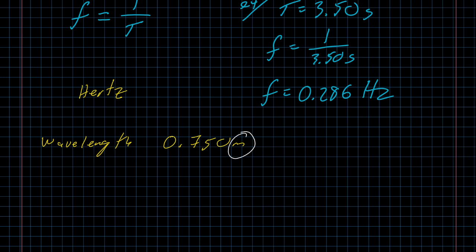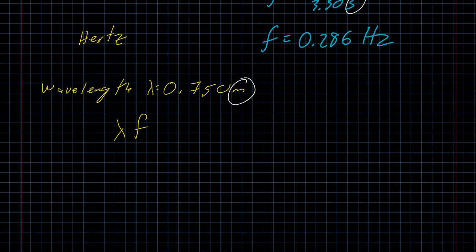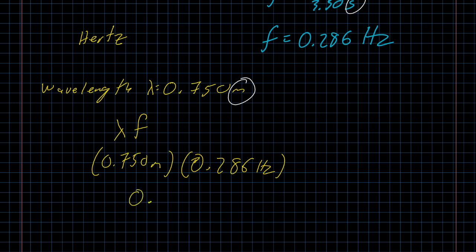My wavelength has units of meters. My frequency has units of 1 over second. So if I take lambda times f, wavelength times frequency, well, in this case I get 0.214, but the interesting thing here is the units.